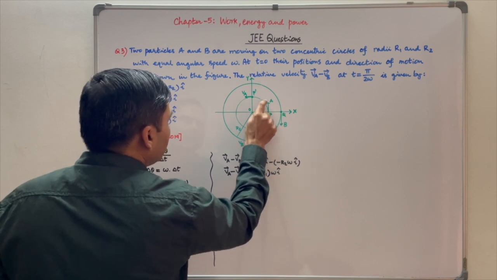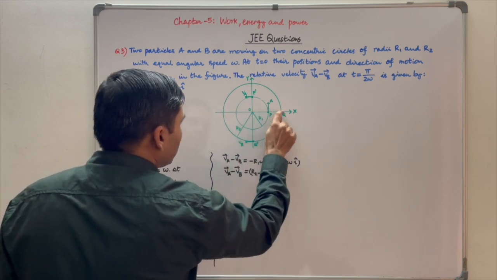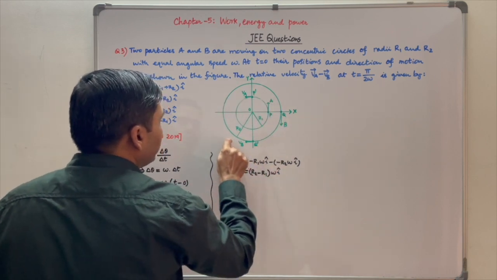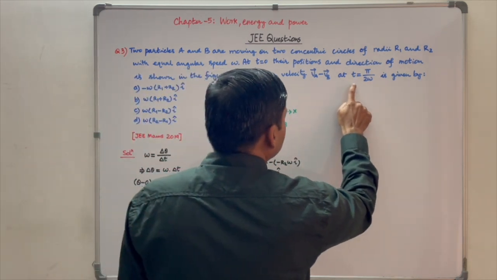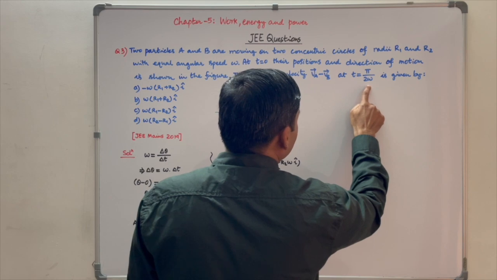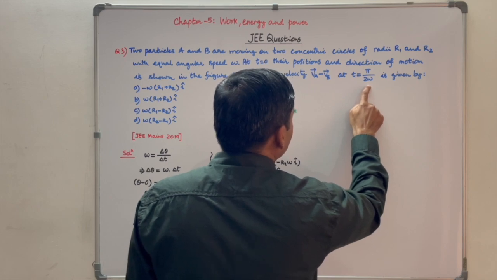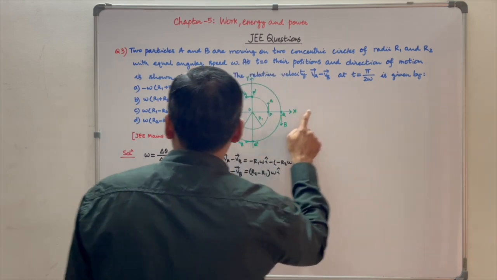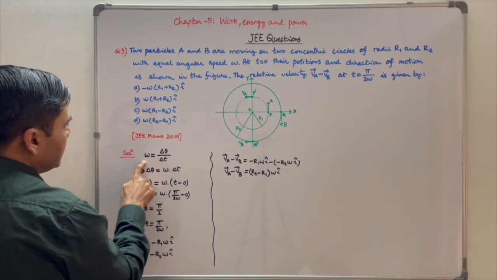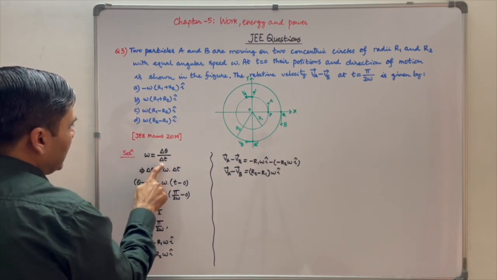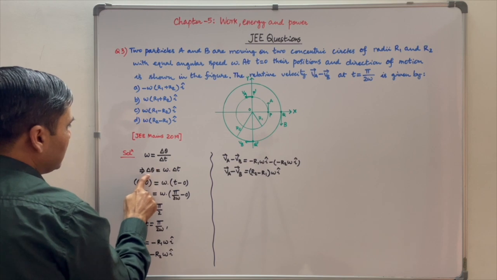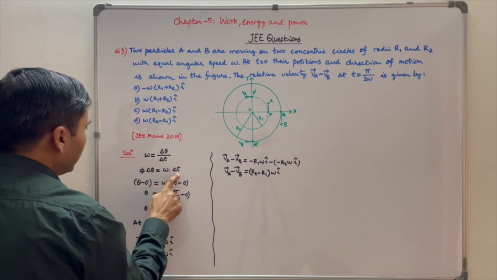The first particle is moving anti-clockwise and the second particle is moving clockwise. We will figure out at t is equal to pi by 2 omega the angle they will make with the positive x-axis. Omega by definition is equal to delta theta upon delta t, or delta theta is equal to omega into delta t.